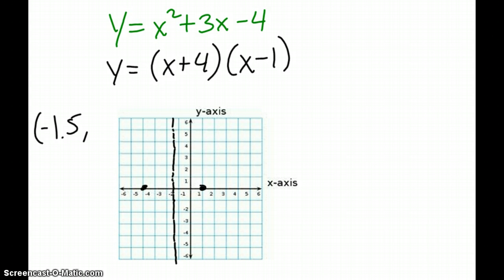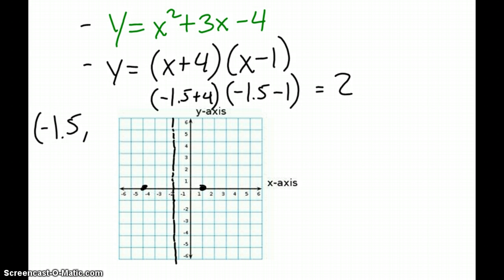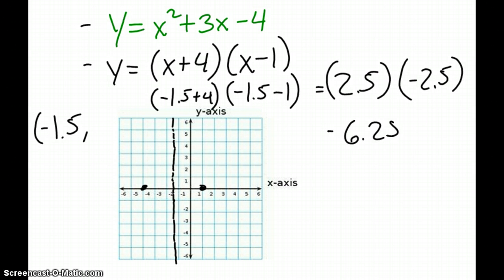In order to find what that something is, I have to plug negative 1.5 into either of these two equations. It does not matter because they're the same equation. So I plug negative 1.5 in down here, and I get (negative 1.5 plus 4) times (negative 1.5 minus 1), which is equal to 2.5 times negative 2.5, which gives me negative 6.25.